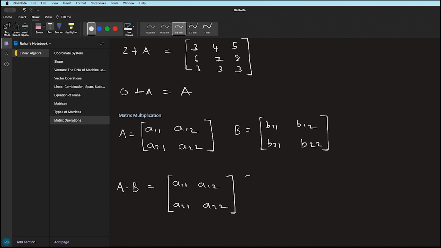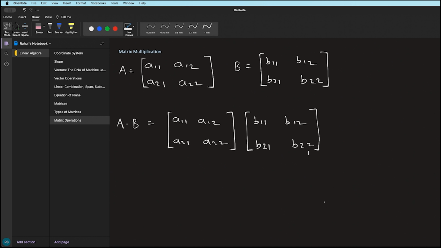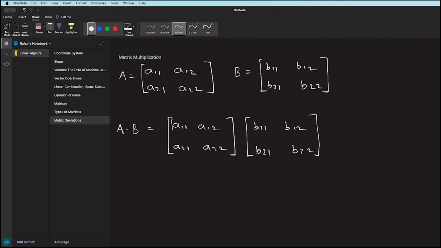Similarly, B11, B12, B21, B22. So if I want to perform the matrix multiplication, I will choose the elements of the first row and the elements in the first column of this matrix.